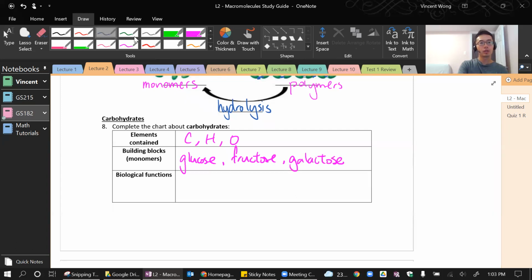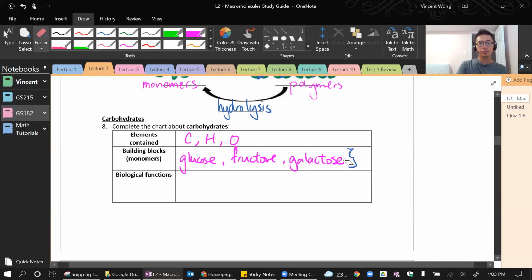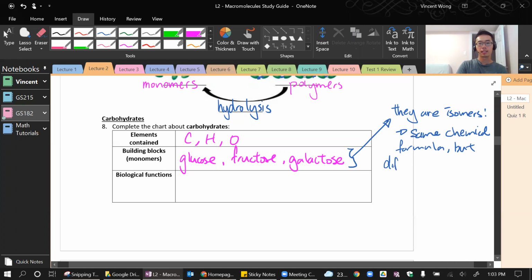Now I should note that these are all isomers. Isomer means same chemical formula. They are all C6H12O6, but different structure.